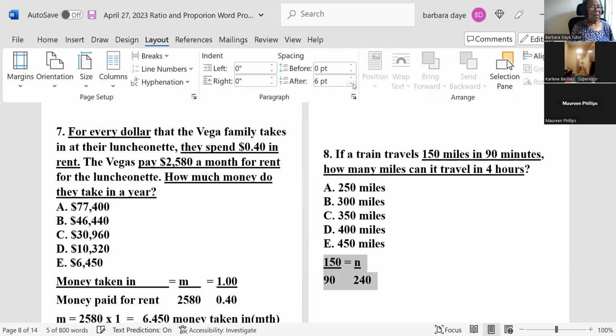Cross multiply and solve for N. What's N equal to? 240 times 150, divided by 90, and that's 400 miles. 400 miles. That's correct.